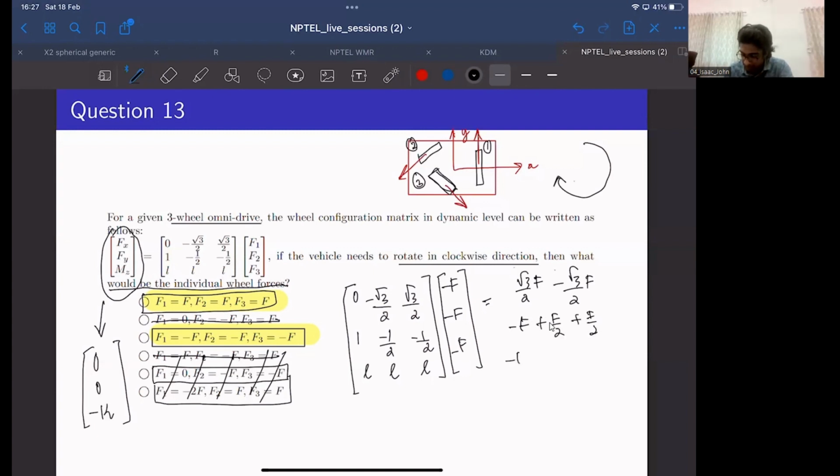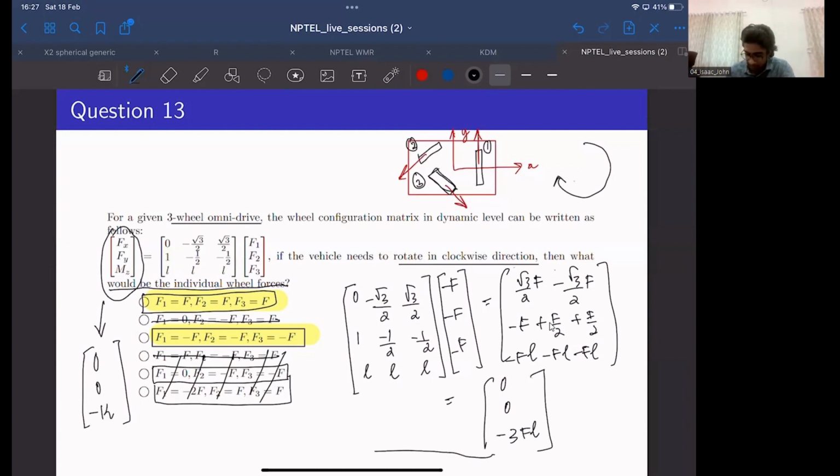Third row would be minus FL minus FL minus FL. So on simplifying, we would get 0 for the first component, 0 for the second component, minus 3 times FL for the third component. And this is exactly what we are looking for.